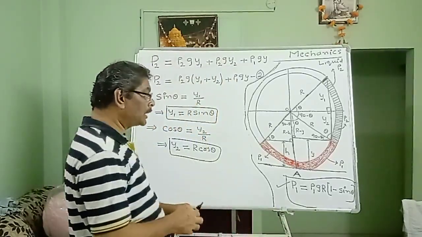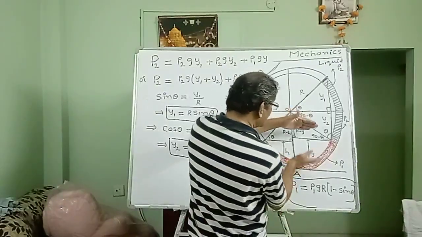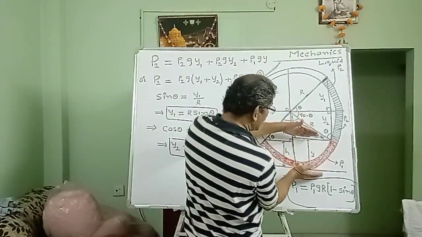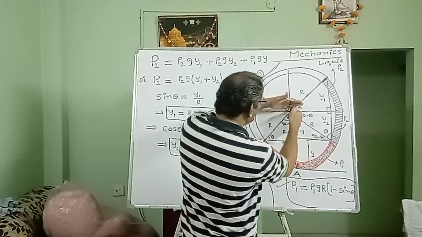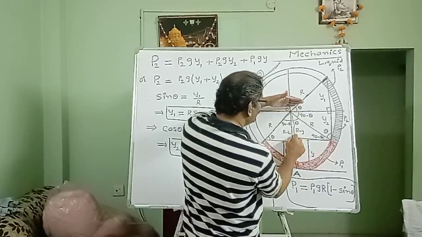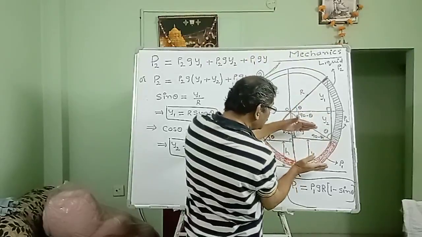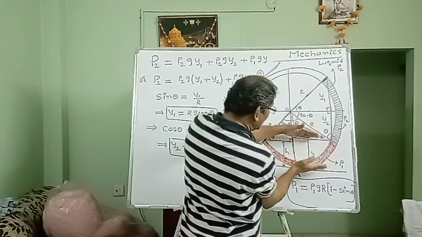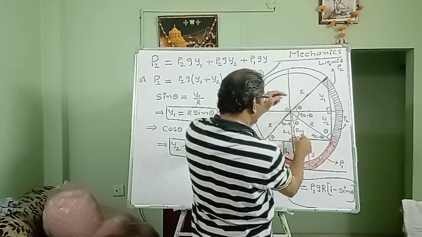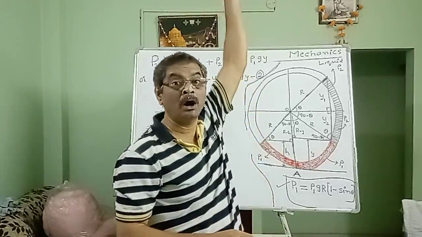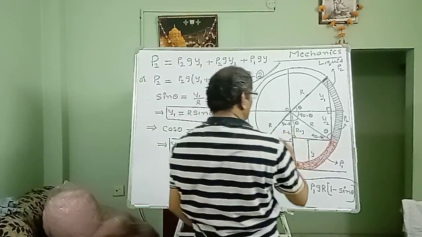So now what I need to do? Finally I need to find the value of y. If this will be y, then the remaining height will be r minus y. Now remember, if this vertical height will be y, then the remaining height will be r minus y. So consider this right angle triangle.